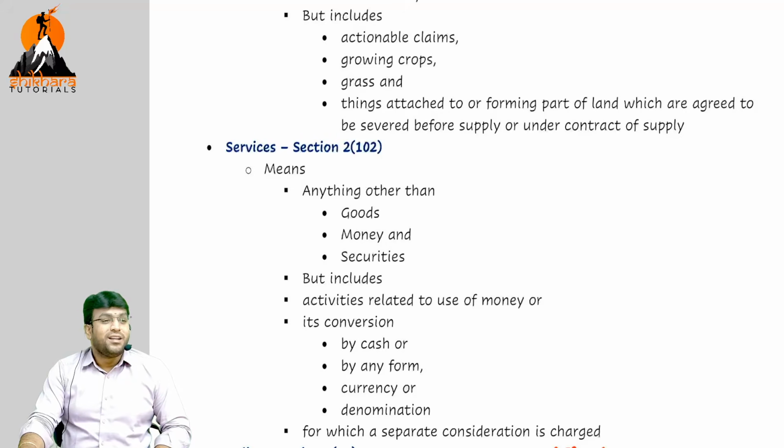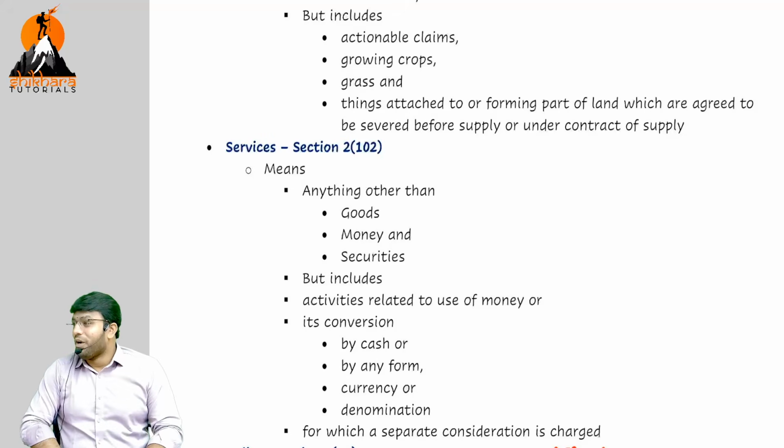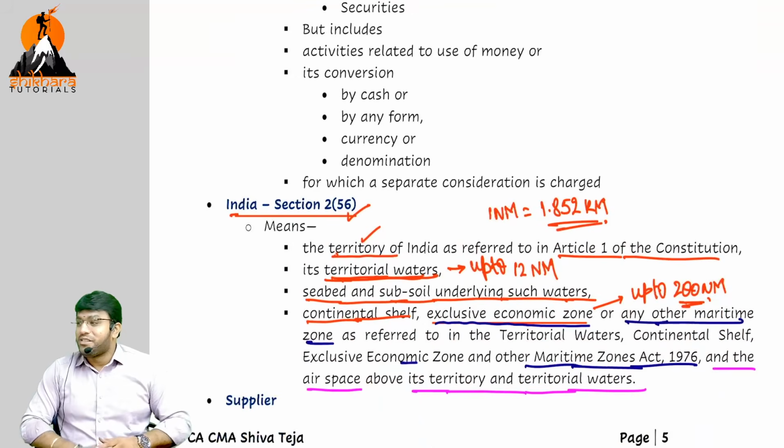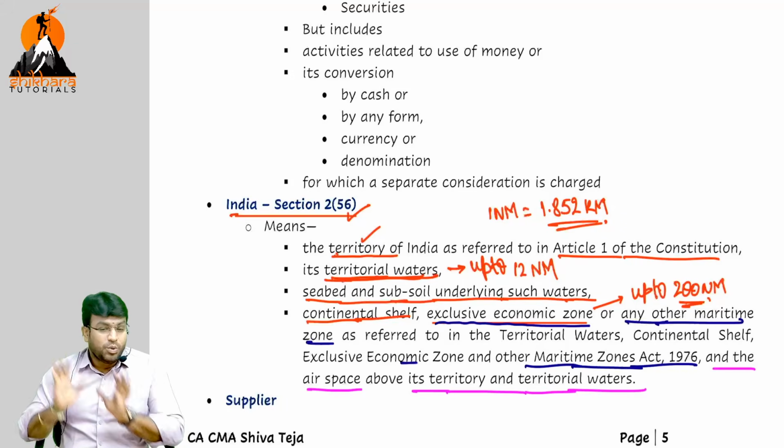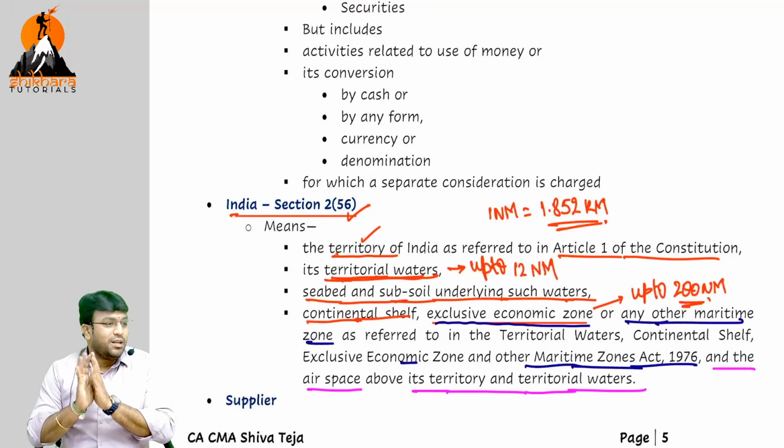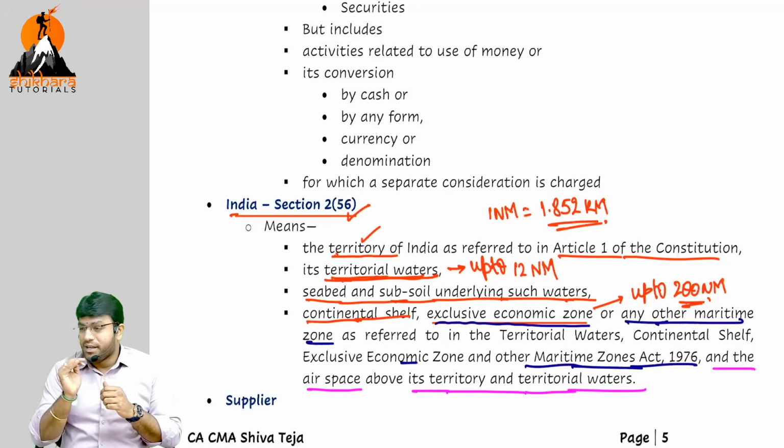Section 2(52) covers goods. Here it covers territory. Write what I am telling, don't see and write, because I will change slightly. Here it covers territory, territorial waters.